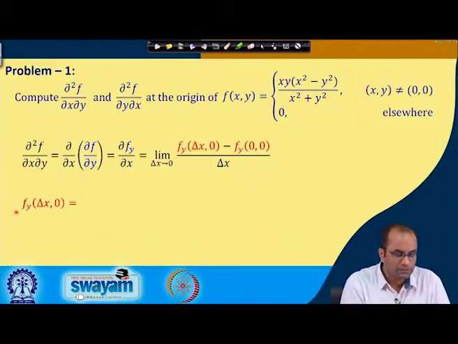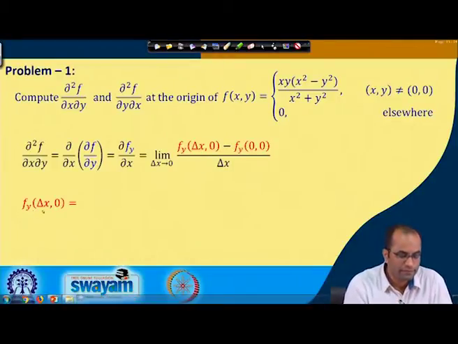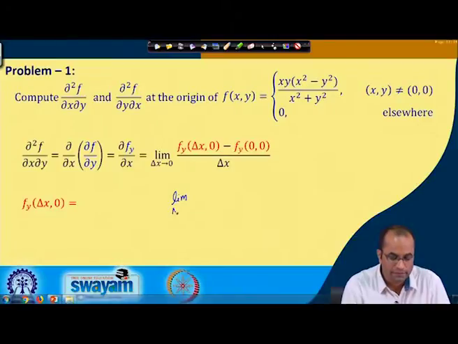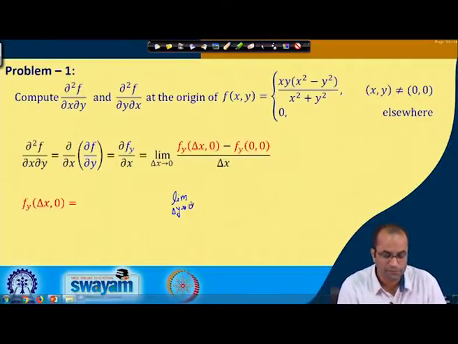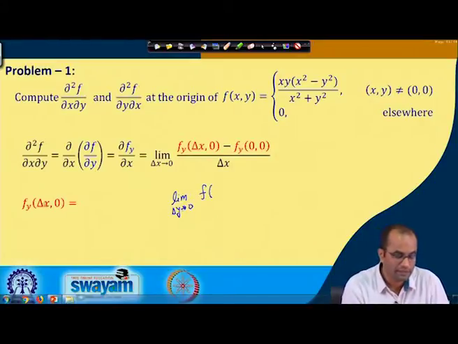So let us compute f_y(delta x, 0). Here it is a partial derivative with respect to y, so we use the definition: delta y goes to 0, of the function f. The increment has to be in the y argument, so we have f(delta x, 0 plus delta y), which I am writing as delta y.